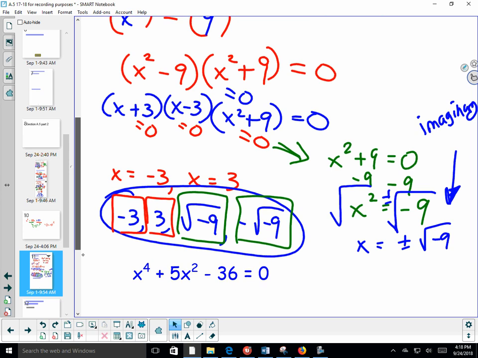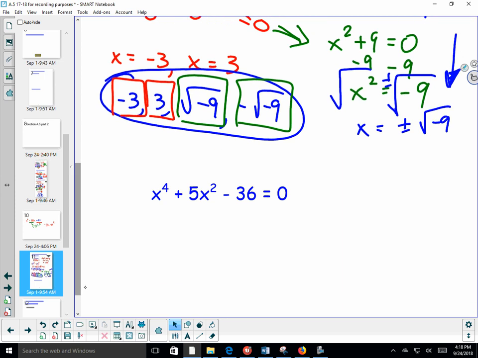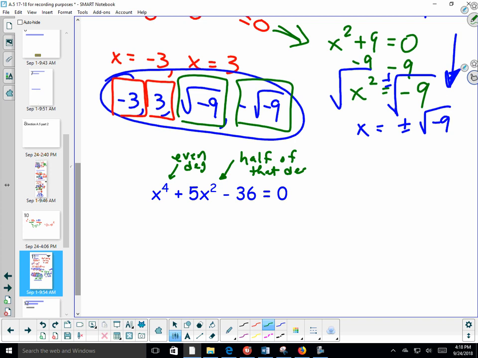All right, let's take a look at this example here. x to the 4th plus 5x squared minus 36 equals 0. Let's try and solve that. So in this case, I notice that this exponent is an even integer, and this exponent here is half of that degree, and then this here is just a constant.